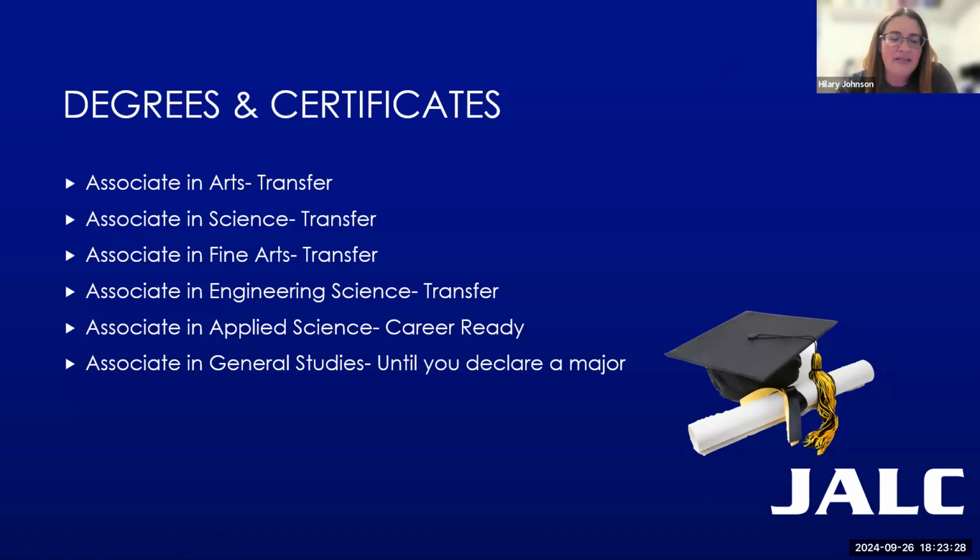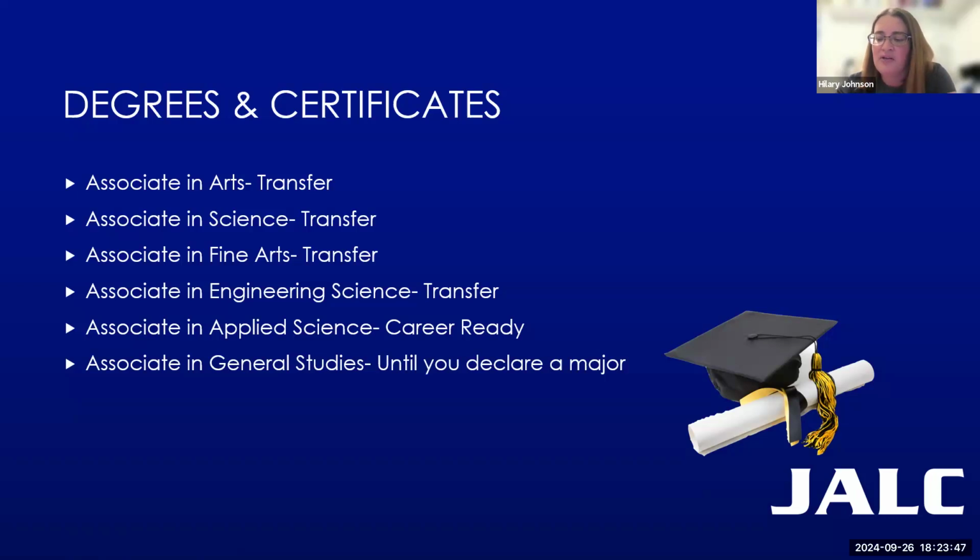So we tend to gear students towards an associate in arts or an associate in science once they know what it is that they want to do, just to guarantee that when you transfer to another college, you're going to be able to have those credits transfer.